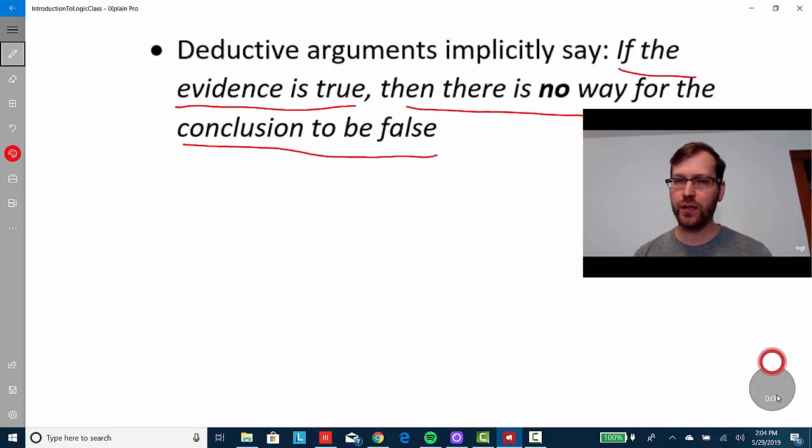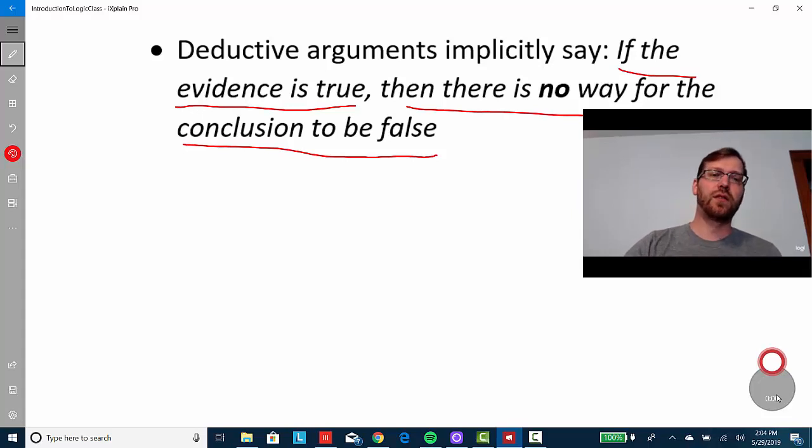If there's no way that the conclusion could be false given the evidence, then if I find myself accepting the evidence, it would be irrational for me to say that the conclusion is false, right? Because there's no way that it can be false. All right, so what would be an example of an argument like that, where if the evidence is true, then there's no way for the conclusion to be false?